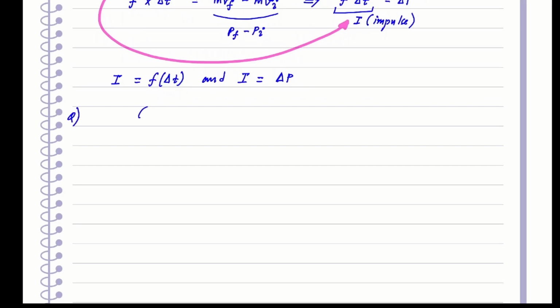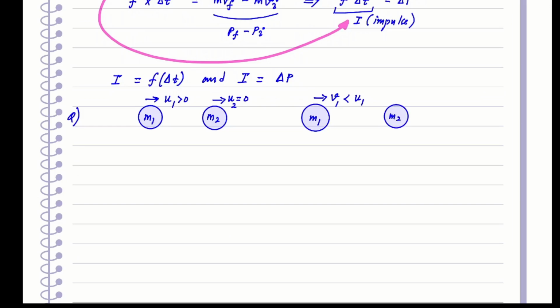So there is one object here. Right? There is another object here. Suppose this is M1, this is M2. Initially, this one has speed U1, this is U2. Then definitely they collide, right? So when they collide, I'm just going to consider M1. M1 is going to have a velocity V1, and V1 is obviously less than U1. I'm not going to consider M2; M2 is there, moving, but we will just consider M1.